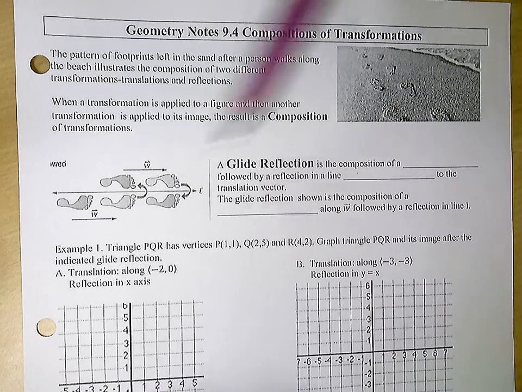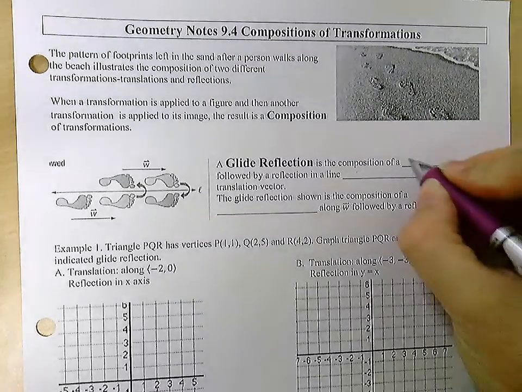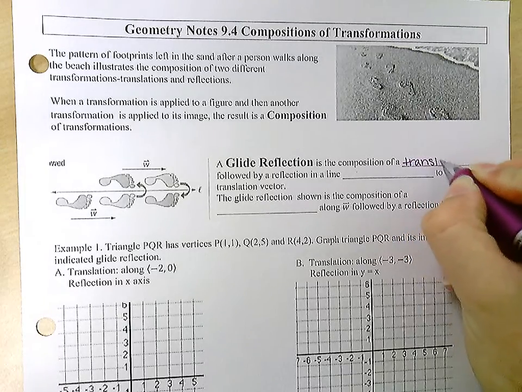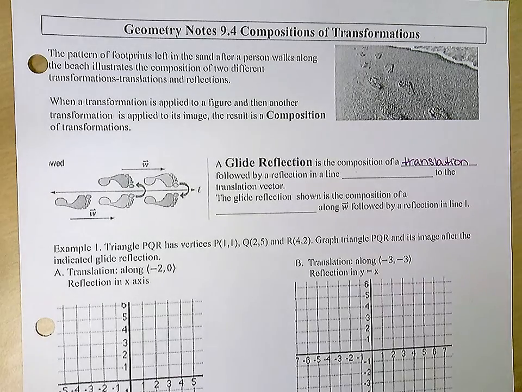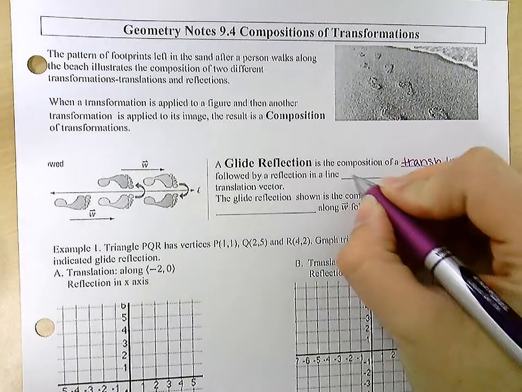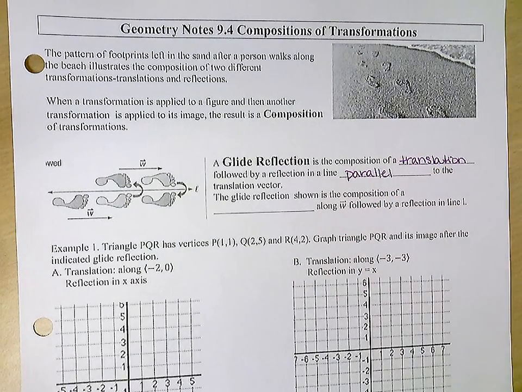So our glide reflection with our feet in the sand here is the composition of a translation, followed by a reflection in a line parallel to the translation vector.